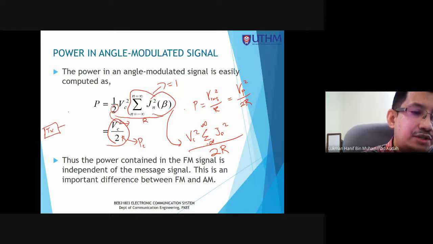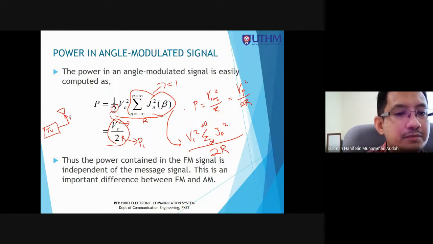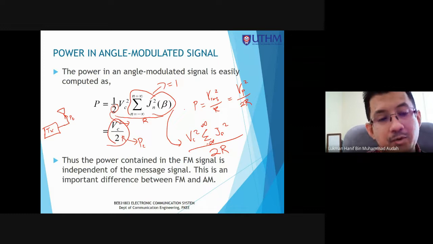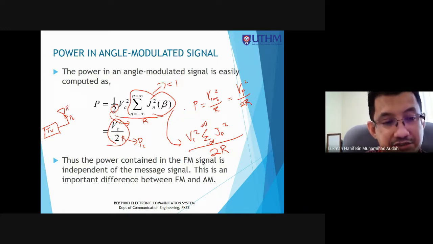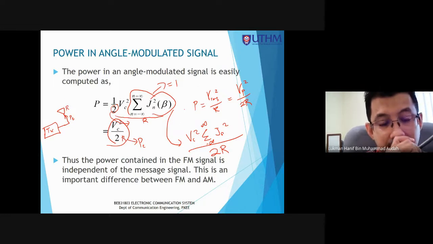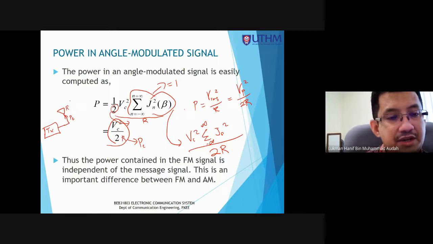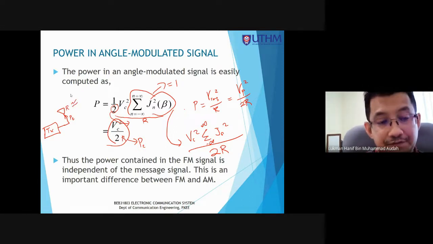So when we measure the total power, it is actually the power that is supplied to the antenna, whereas the resistance here is the antenna resistance. And this antenna will radiate the signal in the form of electromagnetic wave.